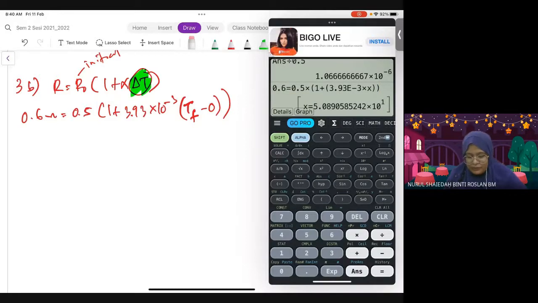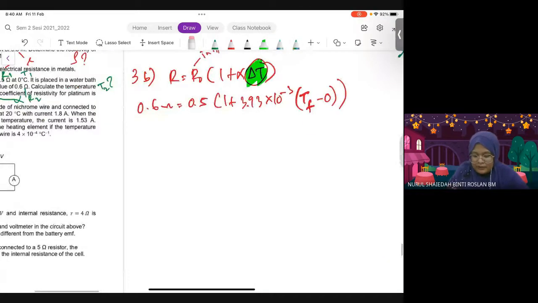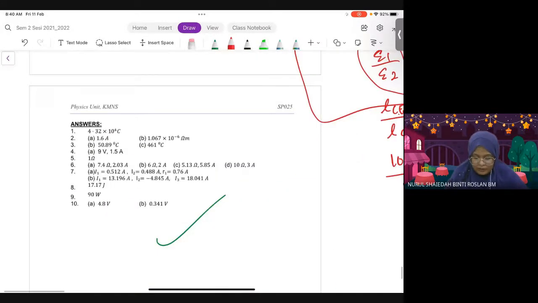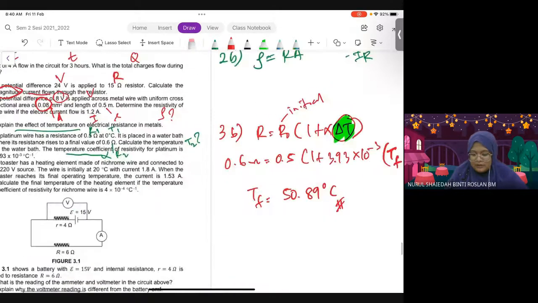Sebab dia power of 1 kan, 50.89. So my T final will become 50.89 degree Celsius. Because kita tak tukar, so degree Celsius biarkan je lah. Betul tak? Betul, 50.89 degree Celsius.